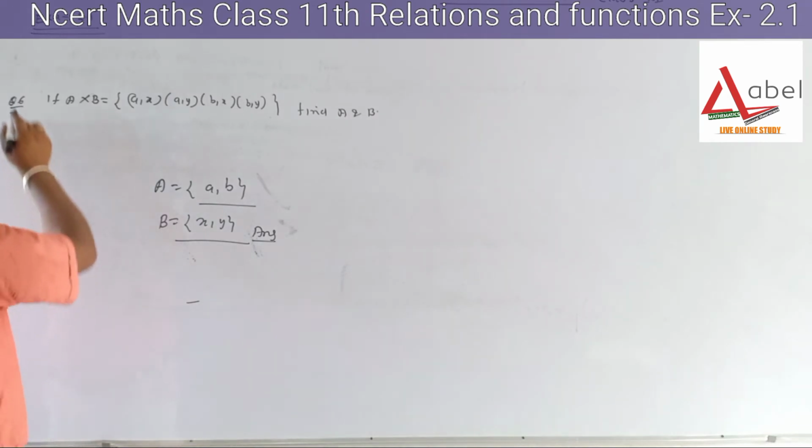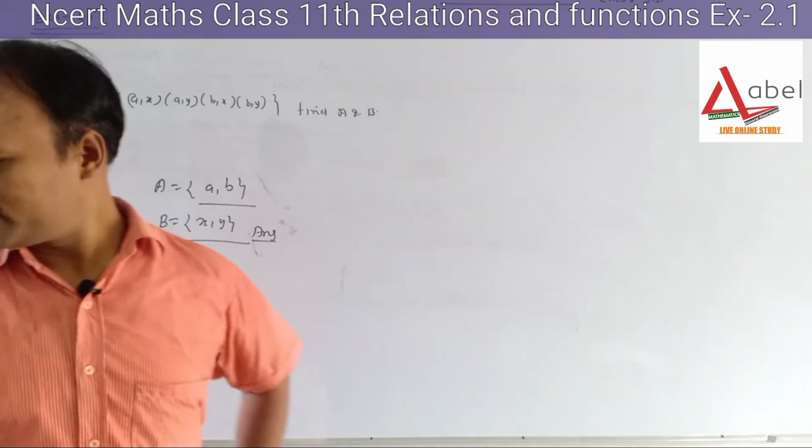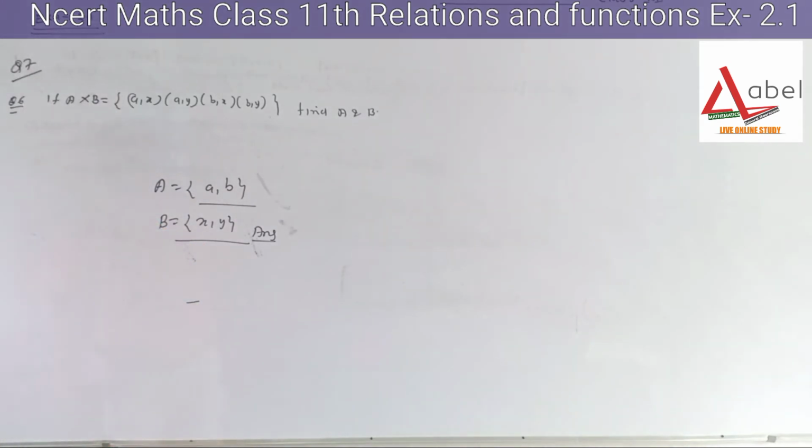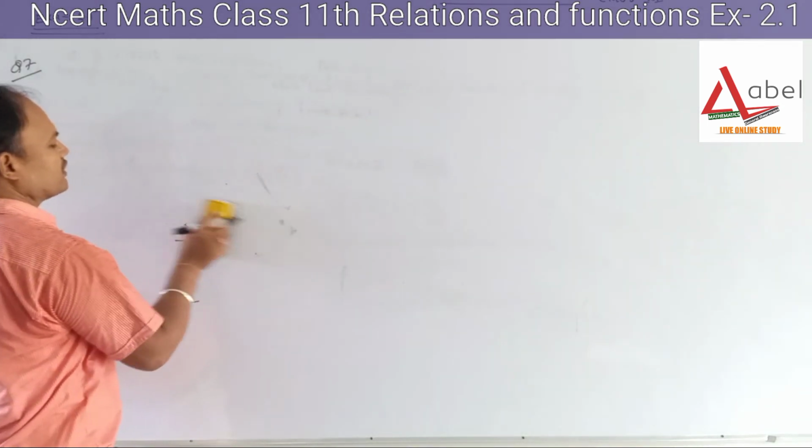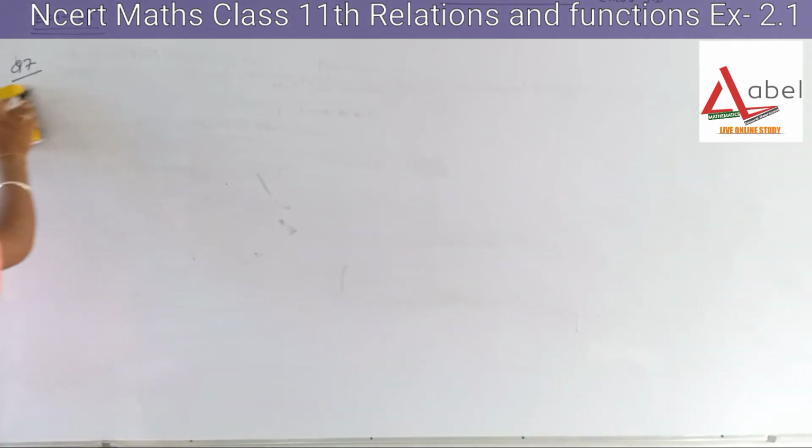Okay, now we are on the next question, that is question number 7. So students, it is really interesting. So now we have to think what question number 7 is.